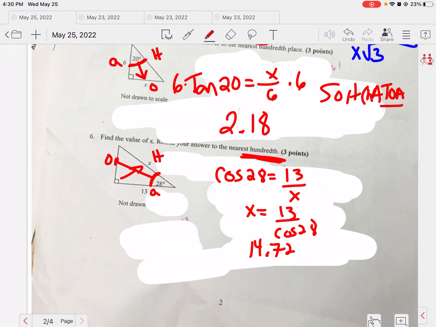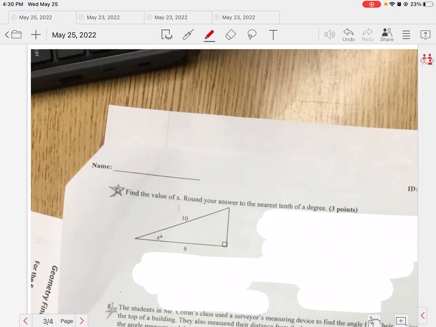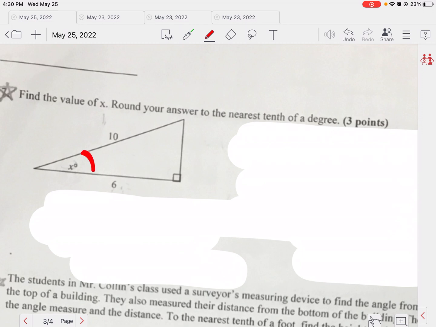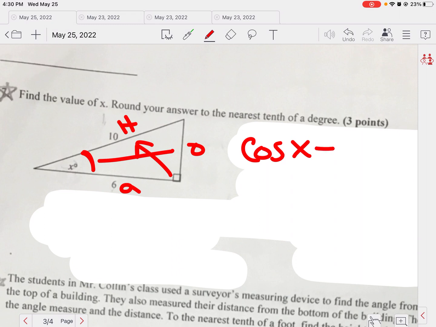Okay. All right, find the value of x. Again, so this one, we have an angle. We know this is our hypotenuse. We know this is our opposite, and this is our adjacent. Label it, okay? So I know I have my adjacent and hypotenuse, which means it's cosine of the angle, which is x in this case, is 6 over 10. Okay, adjacent over hypotenuse.